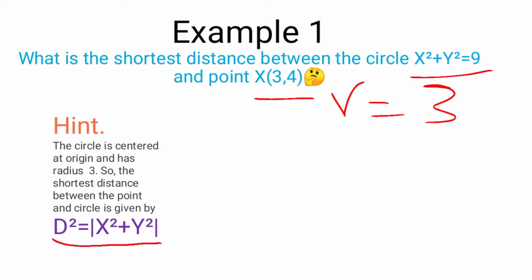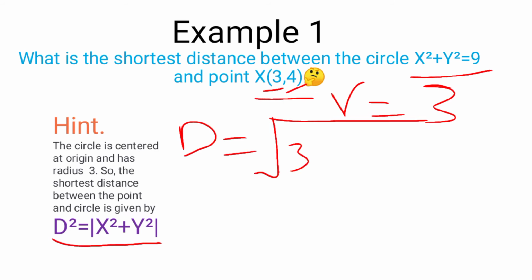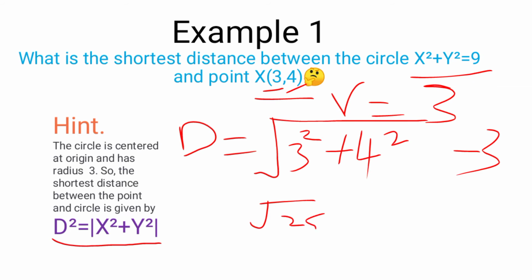Remember, x is 3 and y is 4. So we get d is equal to the square root of 3 squared plus 4 squared minus the radius 3. We get root 25 minus 3, which gives us 5 minus 3, so that we get 2 units.